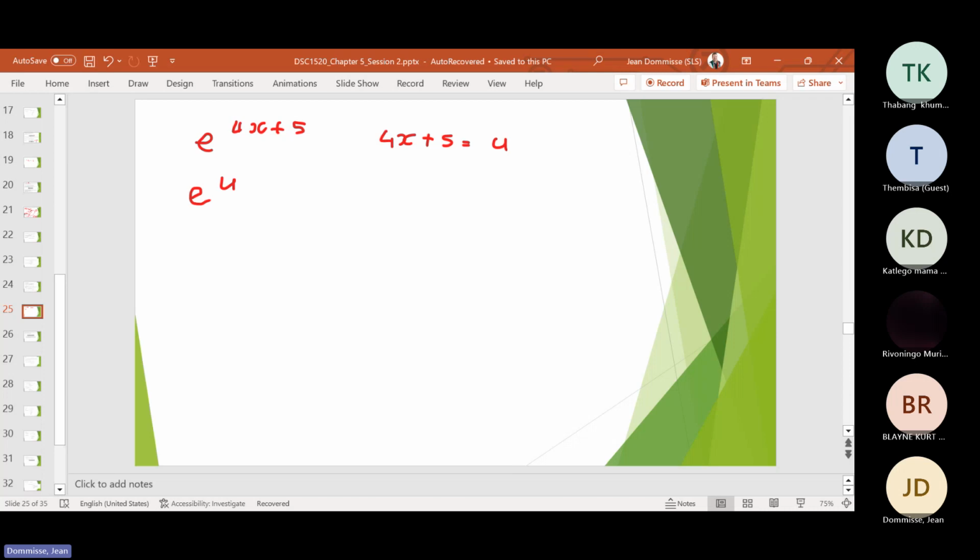Remember, when we needed to differentiate that, it basically stayed the same. And then we need to differentiate this part. So if we differentiate that part, 4x plus 5 basically will end up being 4. So now this actually looks quite easy. But remember, we will need to simplify it.